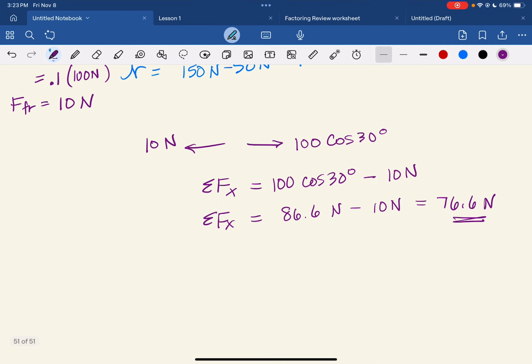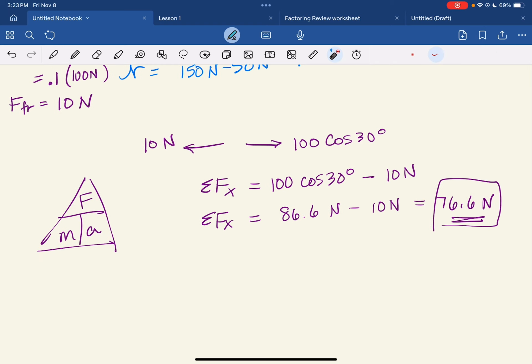Then the last stage, I know that that net force is going to equal mass times acceleration. So if I'm looking for my acceleration, I put my finger over that, and it's my force divided by mass.